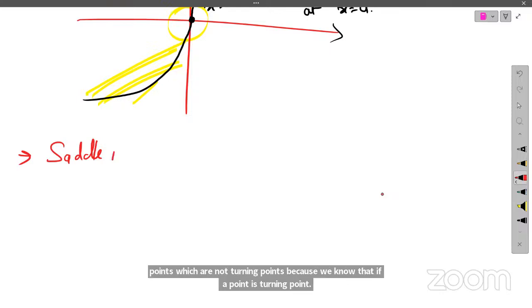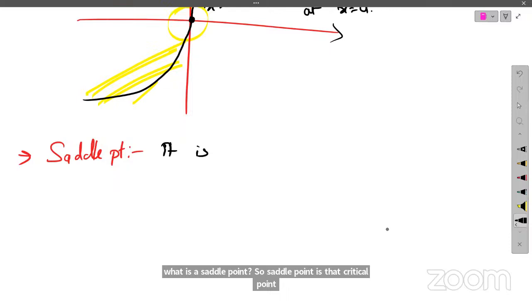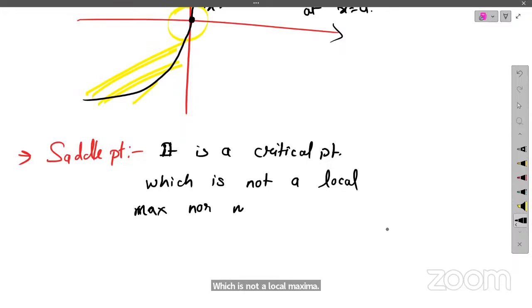So a saddle point is a critical point which is not a local maxima, nor a minima.